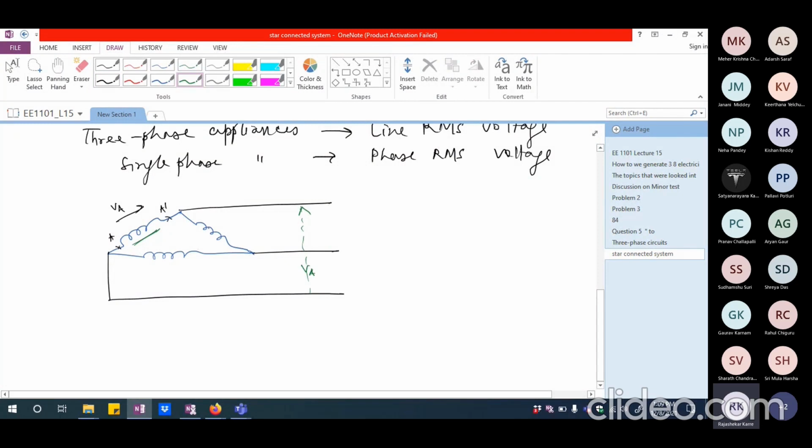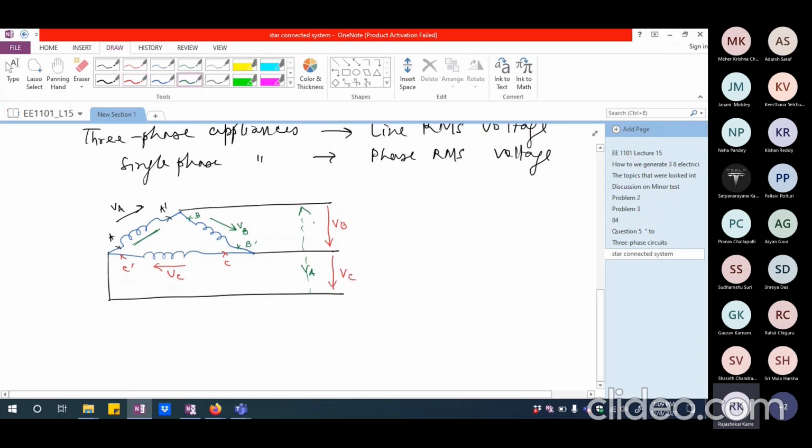In the same way, this is going to be B and this is B dash, and I call this VB. So the voltage across these two will be VB. The same way, I assume this voltage is VC, which is actually between C and C dash. So I am going to have this as VC.